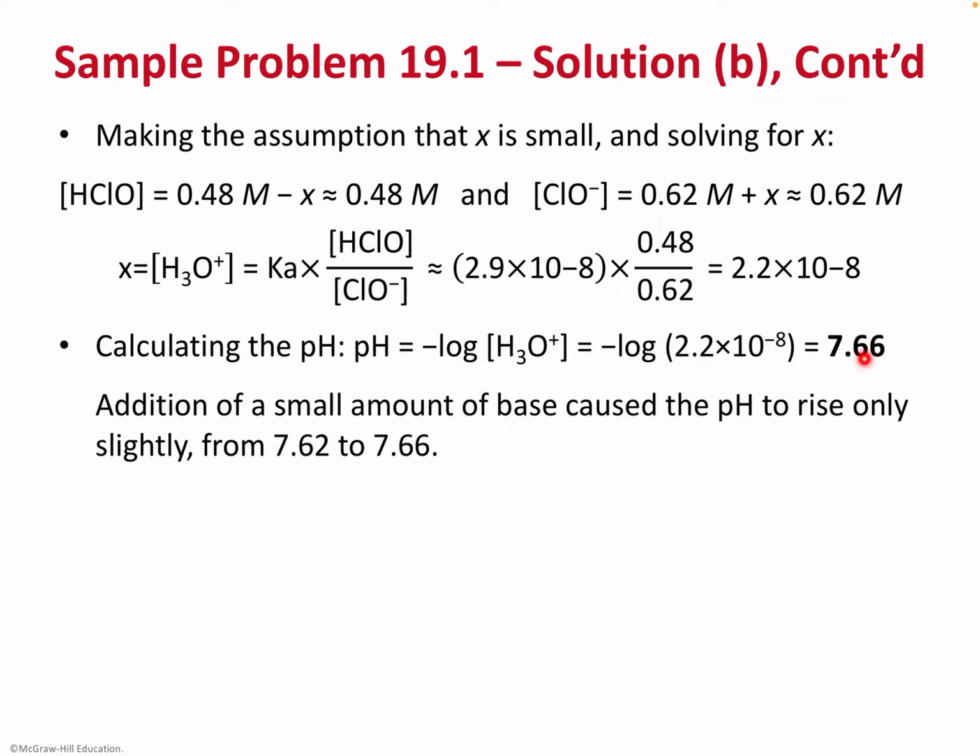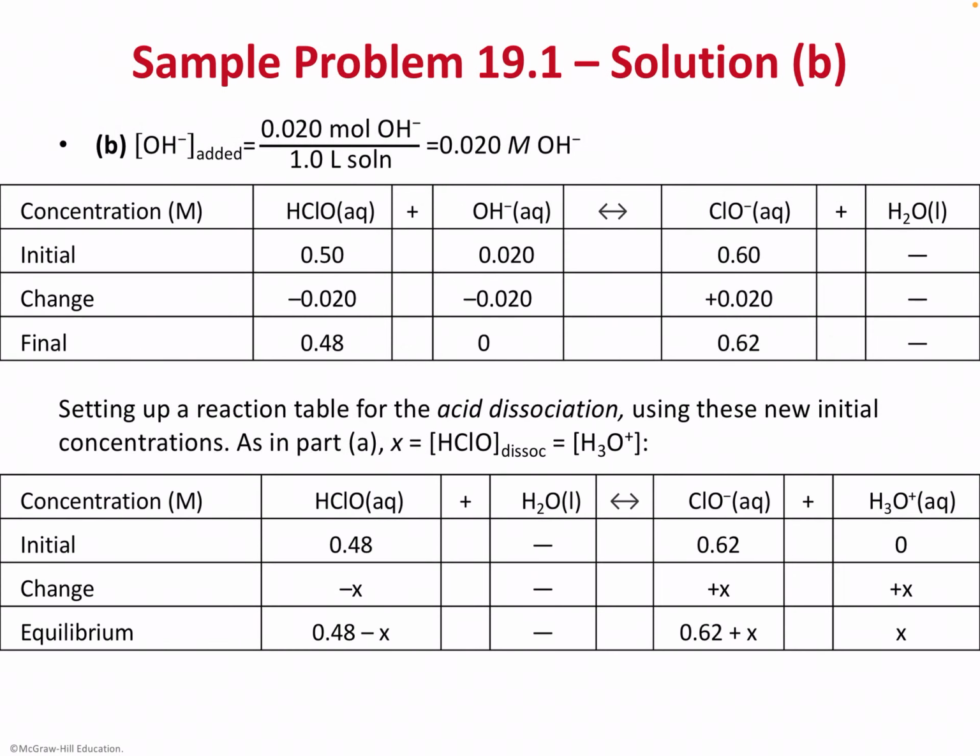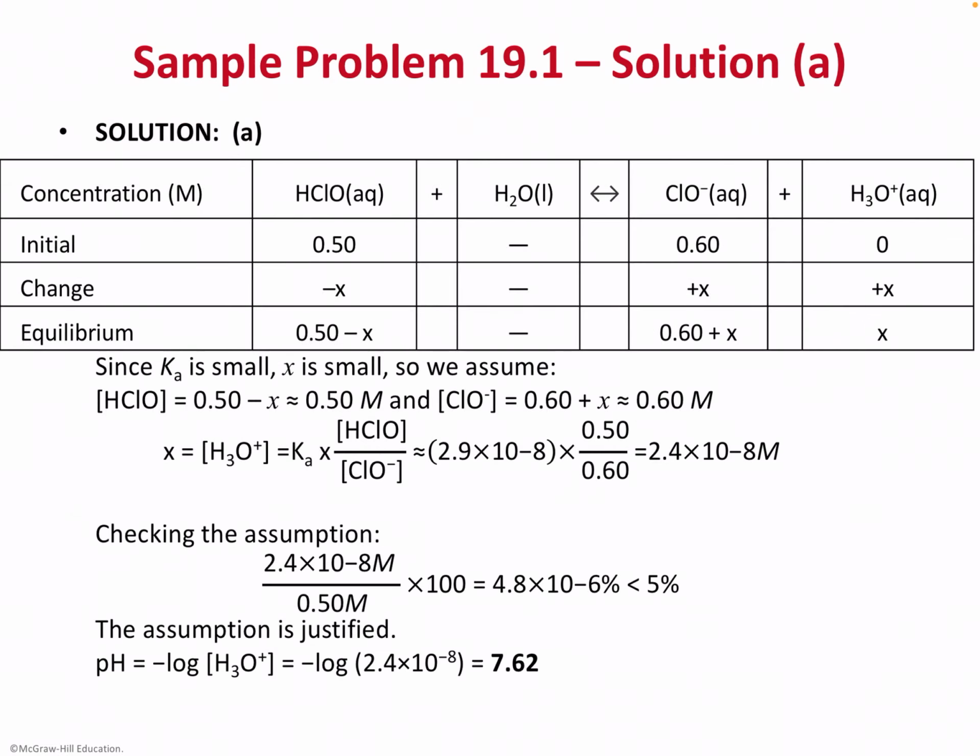Since we added a base, the pH increased just a slight amount. Addition of a small amount of base caused the pH to rise only slightly, from 7.62 to 7.66. It looks like more steps, but if you understand it, it makes sense. So you can revisit this part and see how we got that value.